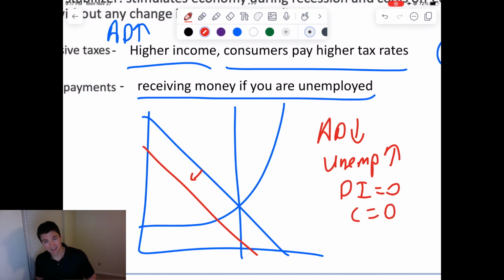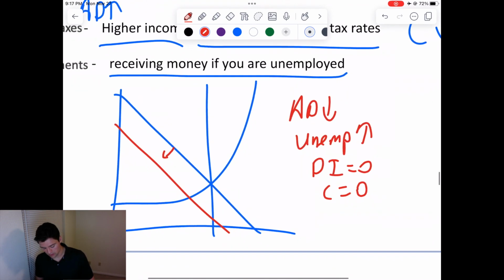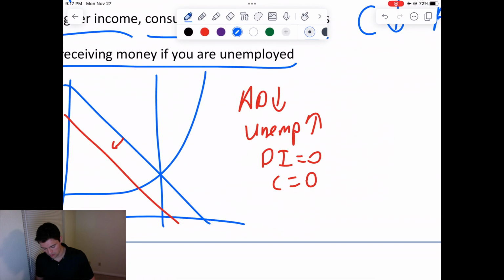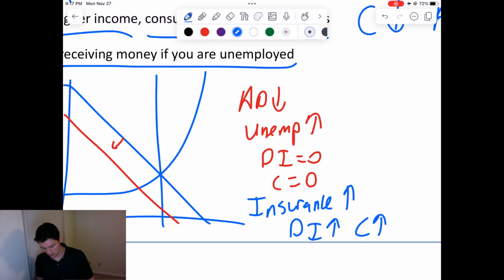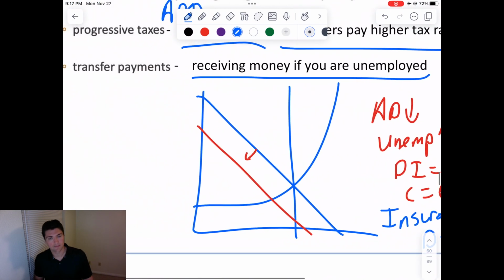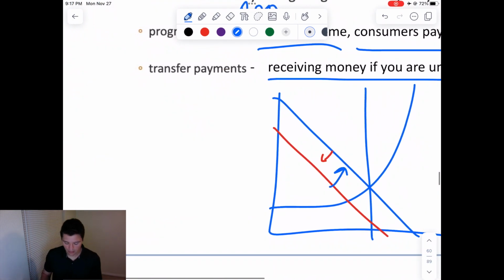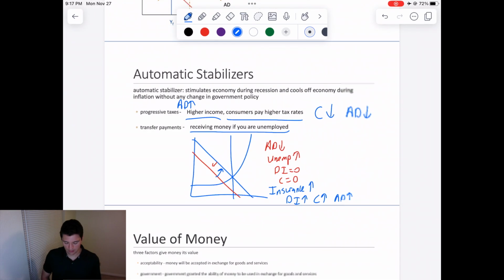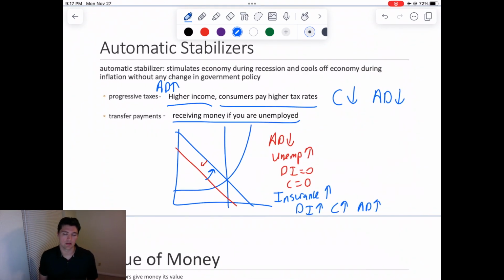But because unemployment is going up, the unemployment insurance is going up, so disposable income goes up, consumption goes up, more aggregate demand. Back up automatically. Okay, so these are your automatic stabilizers: progressive taxes, unemployment insurance.